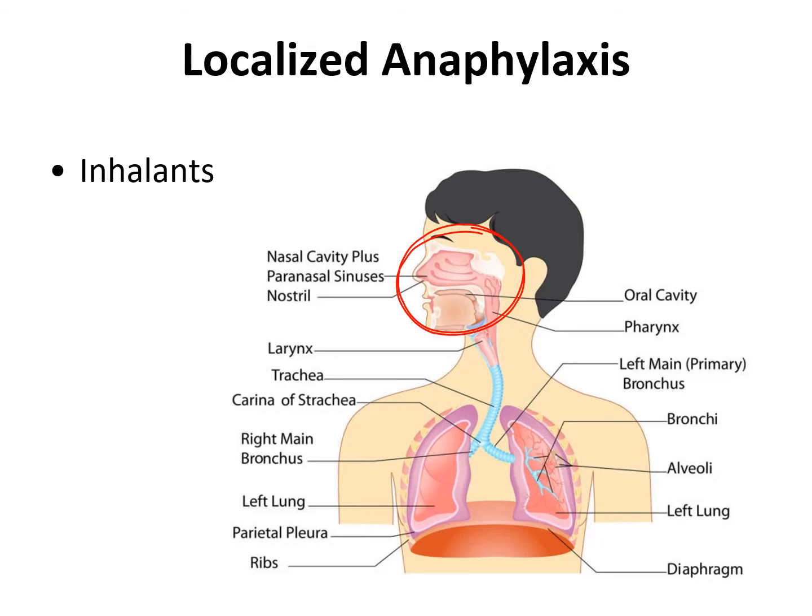If a person has a localized anaphylactic reaction in the lower respiratory system, this is often leading to asthma. So asthma, this will be a response to the inhaled pollens or dust or whatever allergens that are inhaled, and then it causes an inflammatory response in the lower respiratory system, which can be life-threatening.